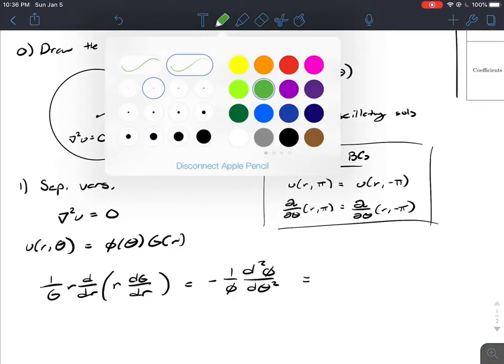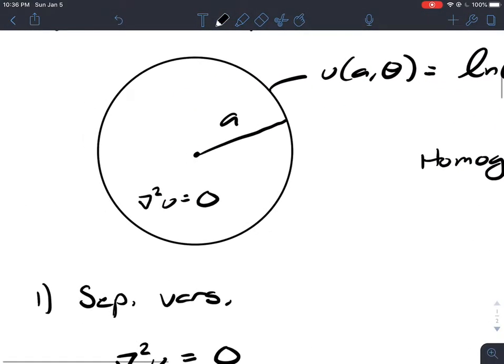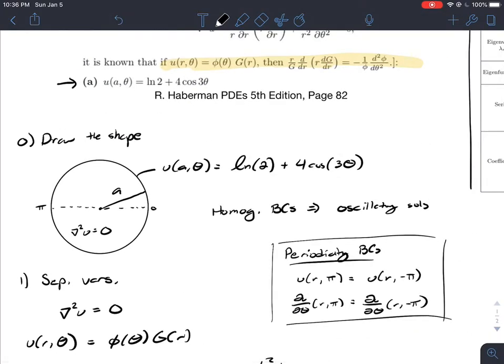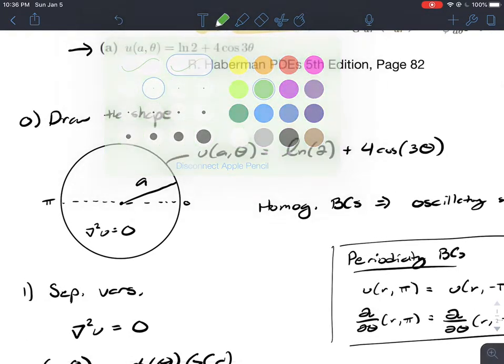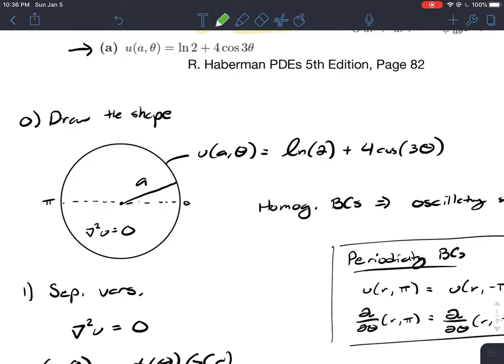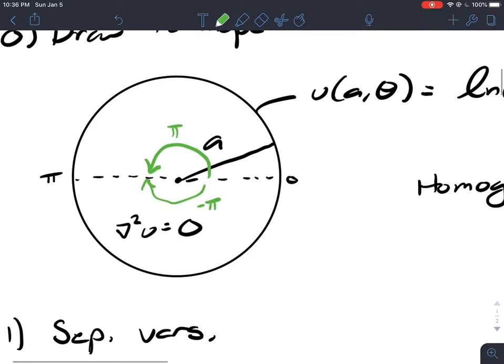Let's say that right here is the 0 angle, and then this is half a revolution, pi. These boundary conditions are saying that no matter which way you approach it, either positive pi or negative pi, the heat flow at this specific part of the circle is going to be the same.